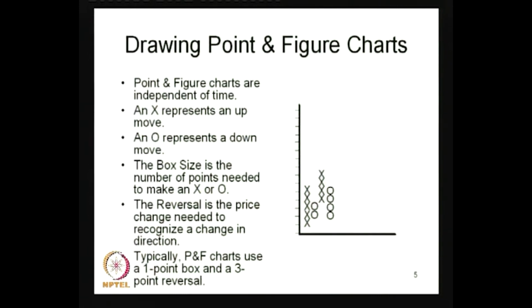We can count the number of points needed to make an X or an O, and the reversal is the price change needed to recognize a change in direction. Typically, point and figure charts use a 1 point box and 3 point reversal. Generally, this is the trend always used in the market.